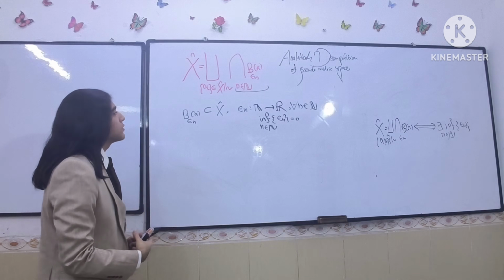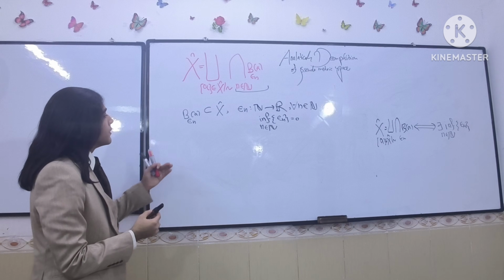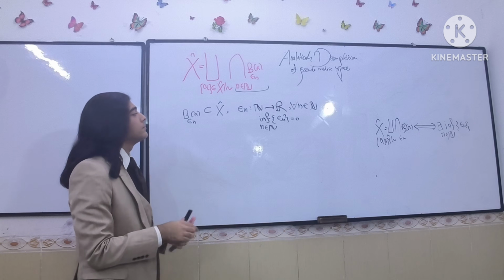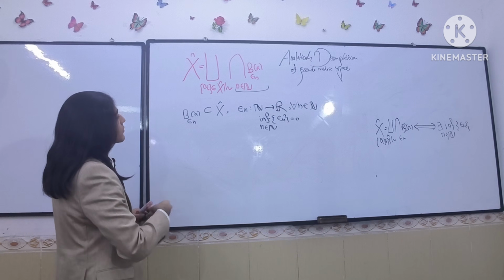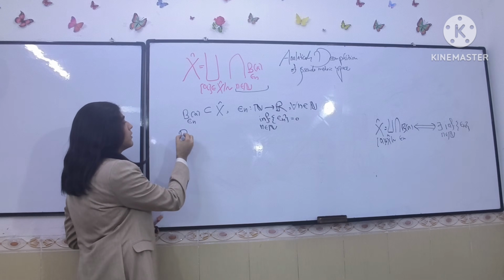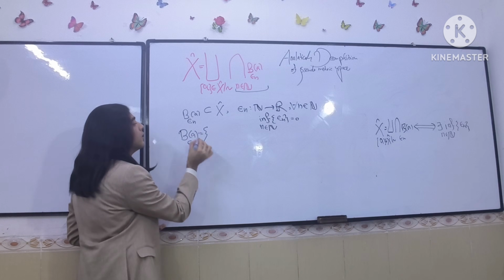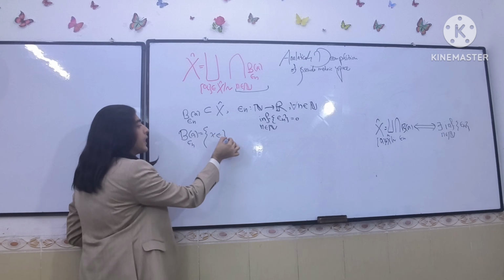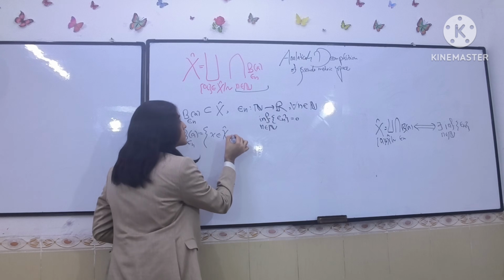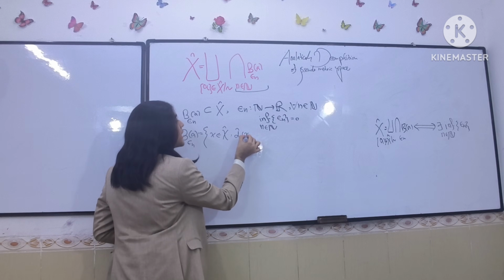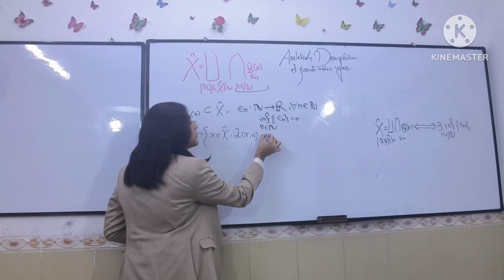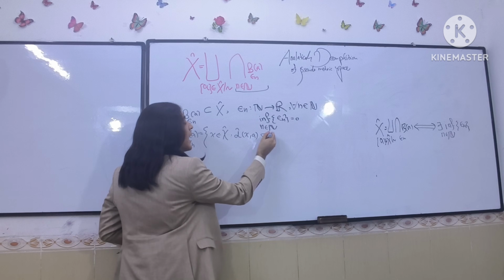What I need to explain now is the definition of neighborhoods. B(a, epsilon n) is defined to be all elements x in X such that the distance between x and a is less than epsilon n.